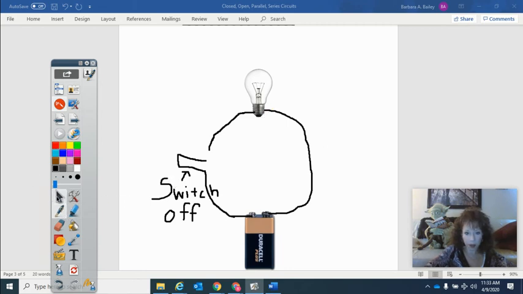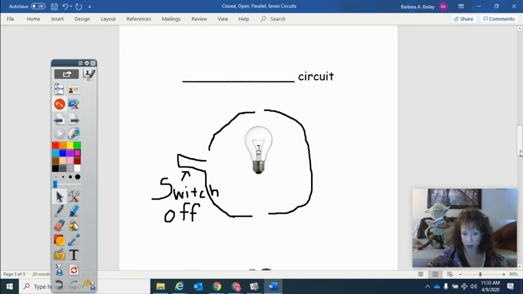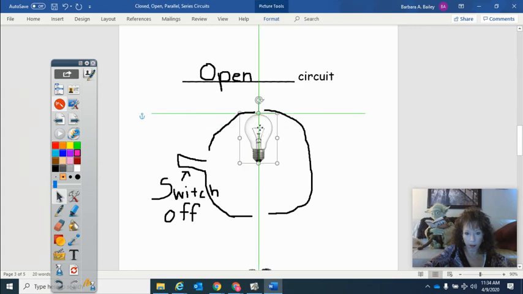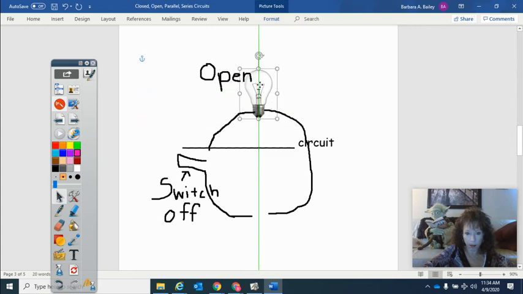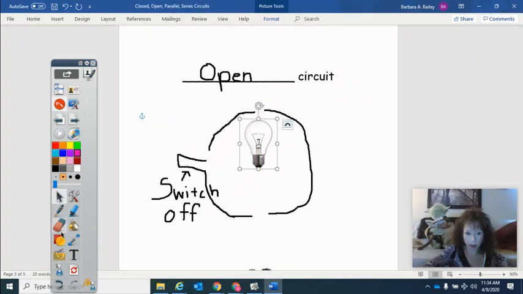All right, so this is going to be called an open circuit. Okay, this is an open circuit. Let me just erase it.